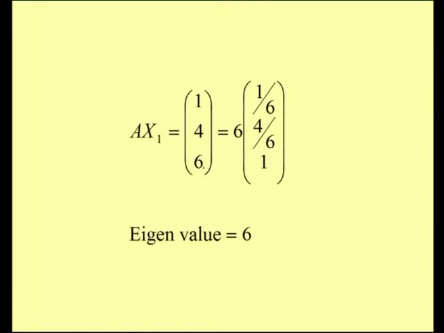Among these we take the dominant value by modulus, even if it has a negative sign. Among 1 4 6, 6 is the dominant one. So 6 is taken outside as 6 into 1 by 6, 4 by 6 and 1. So the eigenvalue is 6 and the eigenvector x2 is 1 by 6, 4 by 6 and 1.